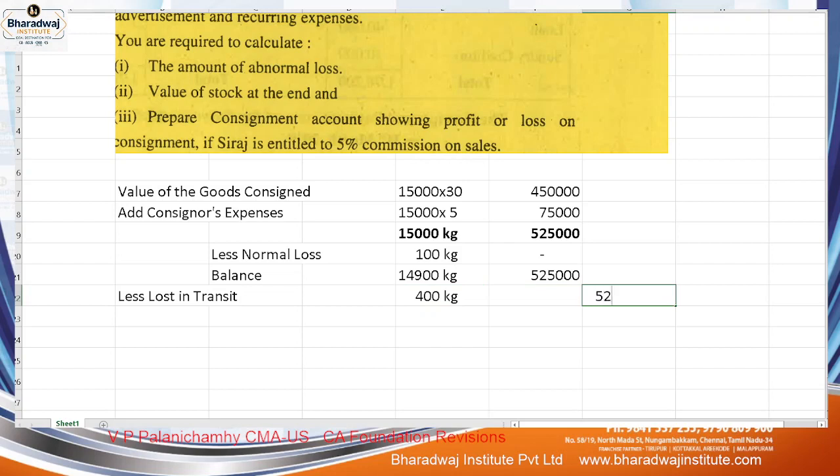Simple. 5,25,000 is for 14,900 kg. What is for 400? You will get 14,094, can round off.